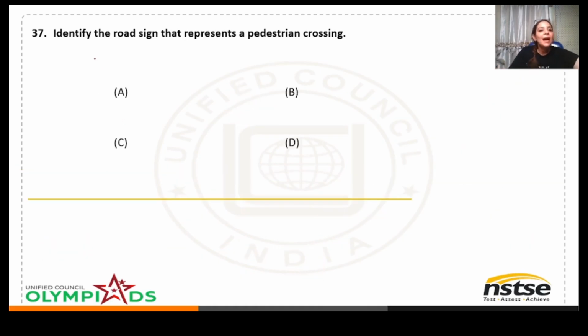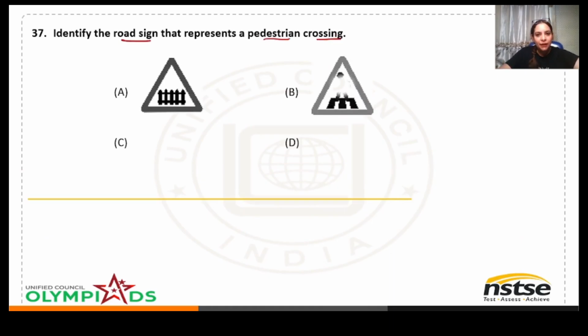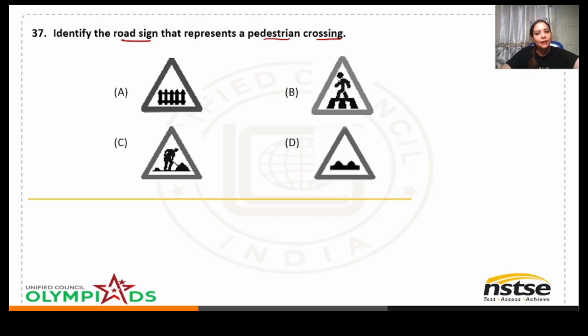Next question. Identify the road sign that represents a pedestrian crossing. Option A, B, C and D. Now we need to identify the road sign that represents a pedestrian crossing. These kinds of signboards we usually see on the road, because they give us some indication about what to do, what not to do, or also they make us aware.